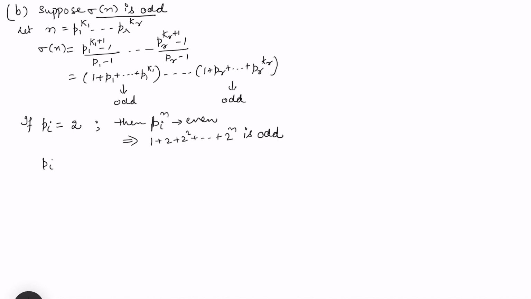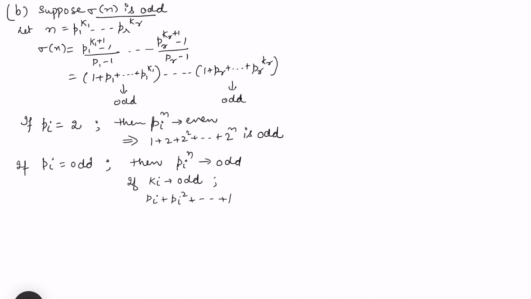Now if pi is odd, in that case again pi raised to any power is odd. And if the power ki is odd, now we are considering the power also, then we have pi plus pi squared plus so on plus pi to the power ki. This quantity is odd, but adding it to 1 will make it even.